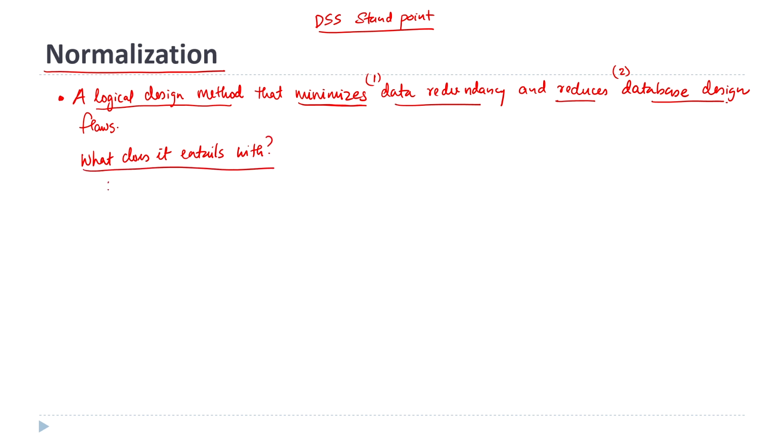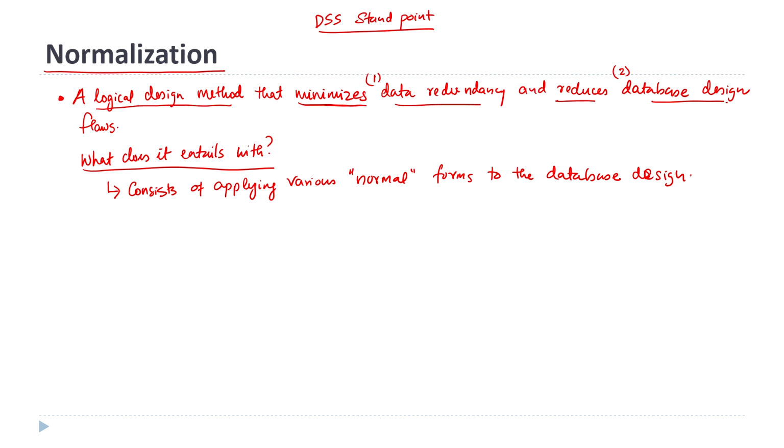The first part consists of applying the various so-called normal forms to the database design. We will see what the normal forms are, but you have multiple normal forms available, and we apply them to the database design in a sequence.